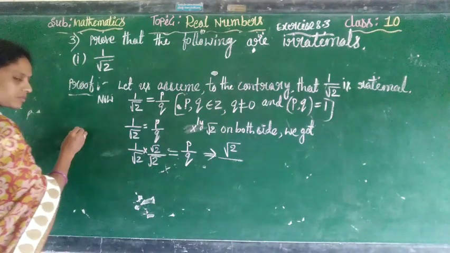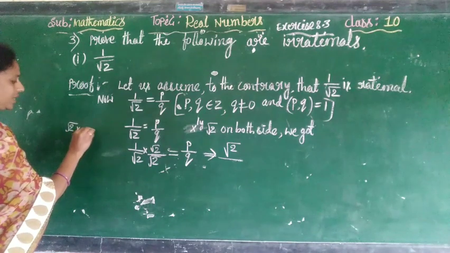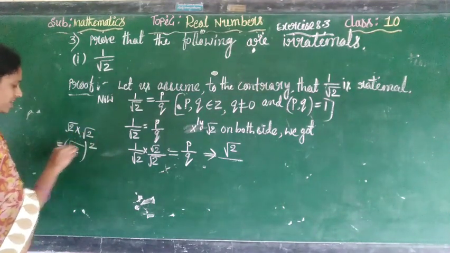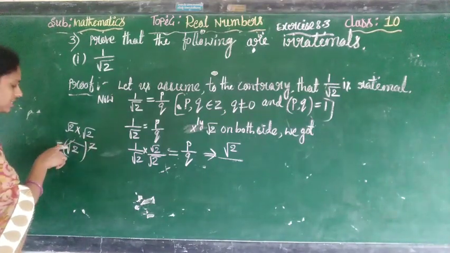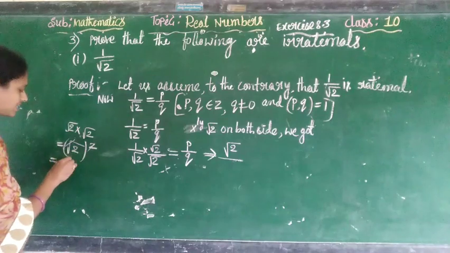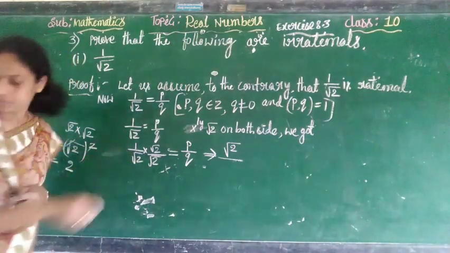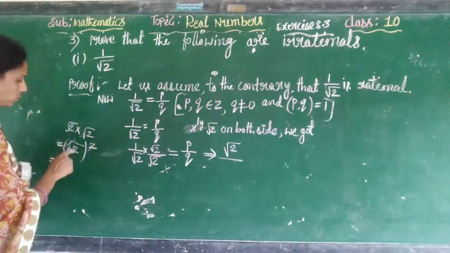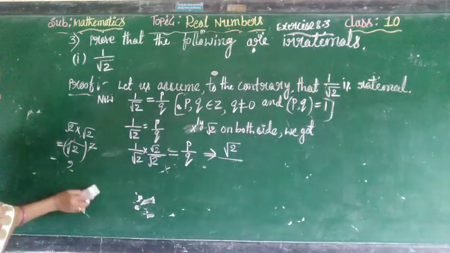Root 2 into root 2 is equal to root 2 whole square. The square and square root cancel, the remaining number is 2.